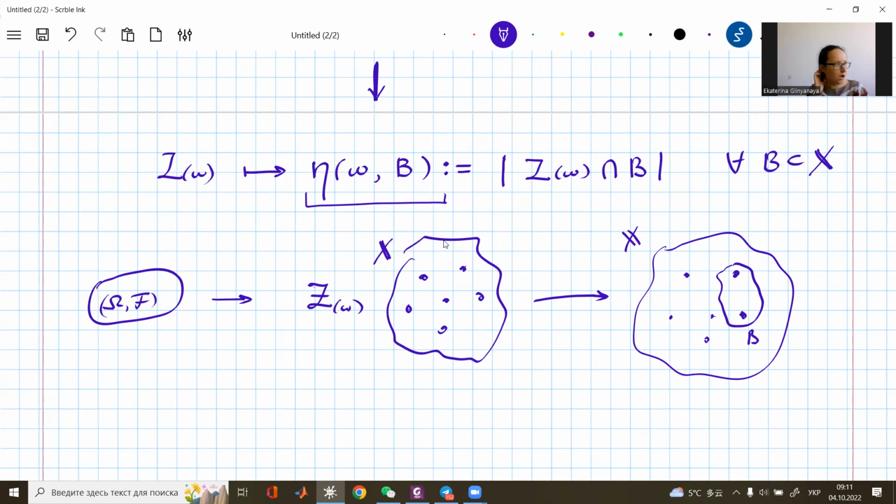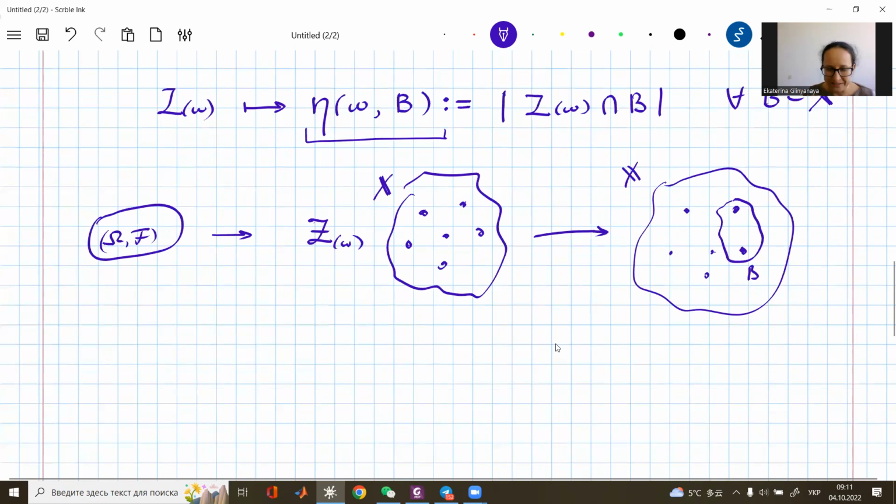Yes, you can. This is a one-to-one mapping. So here, if I know eta from omega and B for all B, then you know everything about the configuration of points in the space.